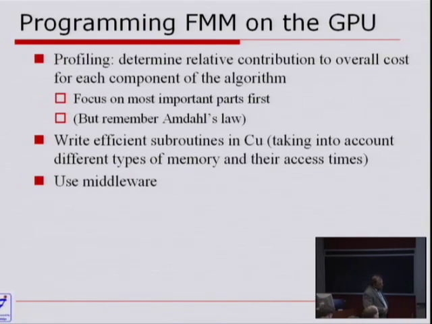Then, despite having libraries like CUFFT, CUBLAS, and so on, we need to write efficient subroutines ourselves if we really want higher performance, because those libraries are limited to standard functions, and especially for such algorithms they are not immediately applicable.